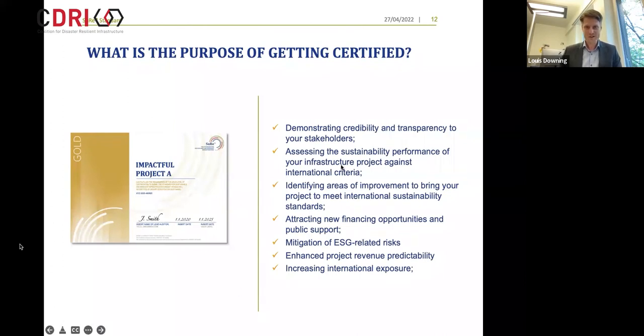So the SURE standard is about demonstrating credibility and transparency to stakeholders. It's about assessing the sustainability performance of infrastructure against international criteria. It's about identifying areas for improvement to improve infrastructure projects, therefore attracting additional finance, mitigating ESG related risks, and resilience is a key part of that.